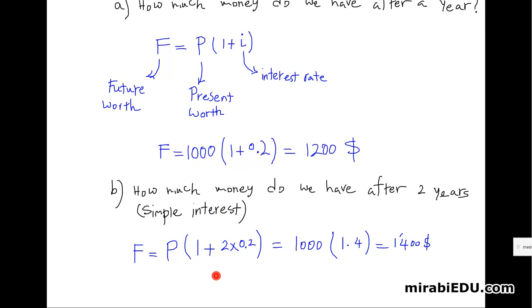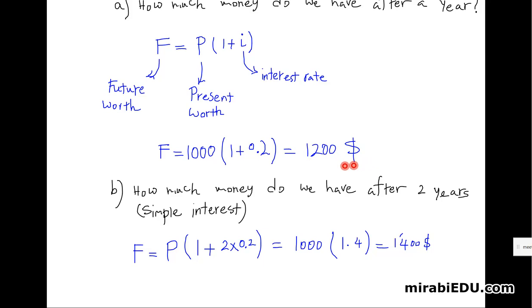Yeah. Okay. I also have a question. Would it be the same if we would do 1,200 times 1.2? Oh yeah, like 1,200 times 1.2. That is compound interest. Very good. That is compound interest, which means after a year, our money is $1,200.